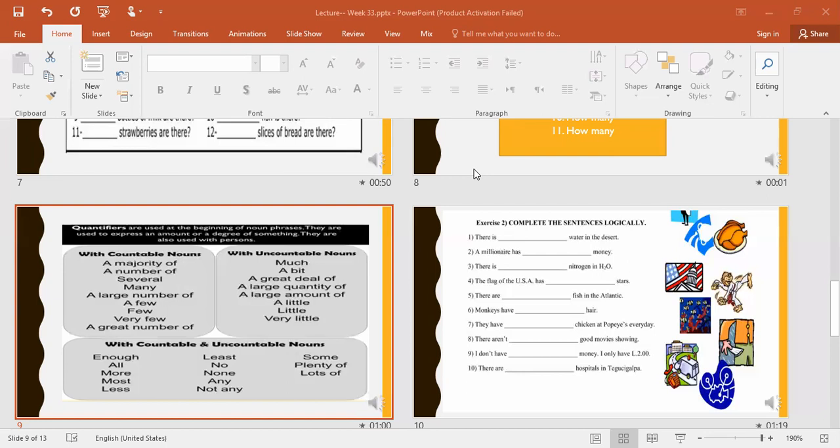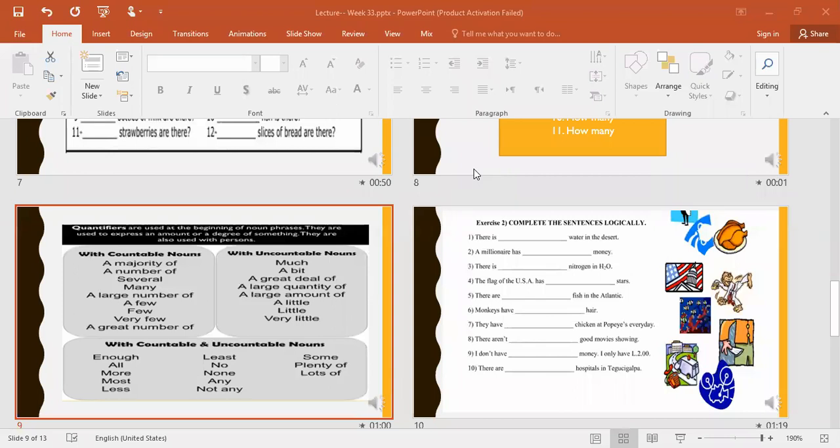They have chicken at puppies every day. A large quantity of chicken, we can say a large quantity. There aren't good movies showing. Any, excellent. I don't have money.